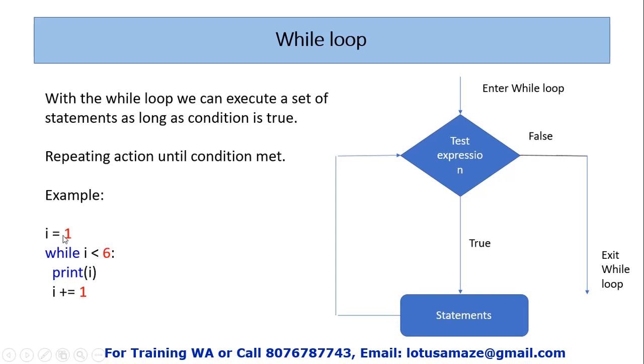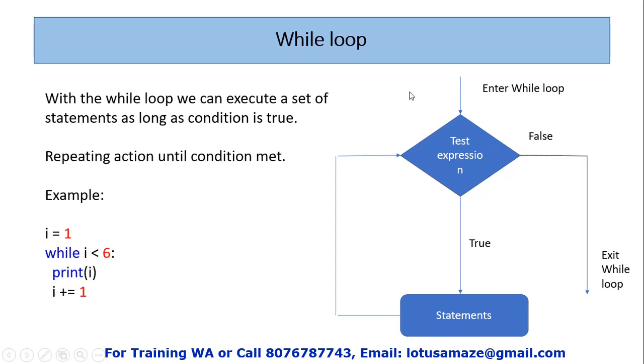For example, first time if I's value is 1, then it will check if 1 is less than 6, yes, then it will print I, it means 1, and then I is incremented with 1, which means I becomes 2 now. Again the loop will continue. 2 is less than 6, yes, then print 2, then I becomes 3. Then again 3 is less than 6, till I's value becomes 6.